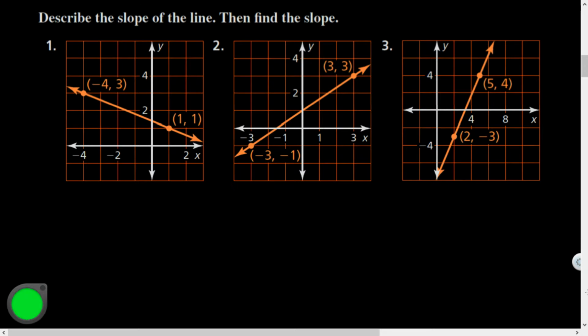Let's have you guys try these 3 problems. Find the slope for me and tell me if it's positive or negative. I'll walk around for a moment. So do this on your paper. On your paper. Papel.